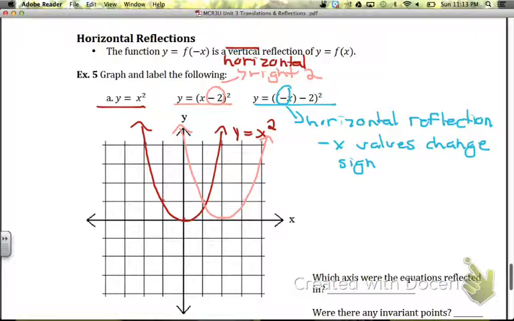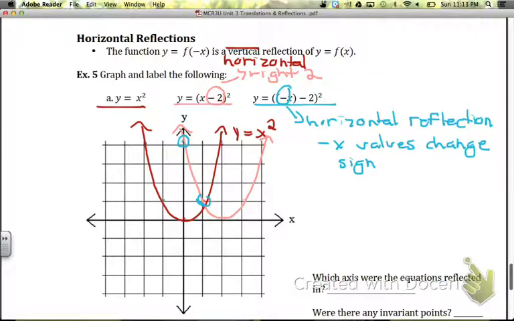So if we have our point here at (0, 4), think about what value will change. The value that's going to change is our x in this case. Our x is 0, so our point is going to stay at (0, 4). Here we have our point (1, 1). So now it's going to become (-1, 1).